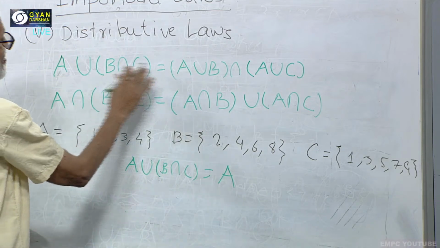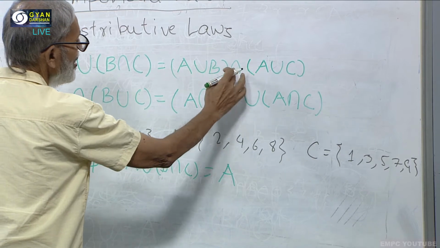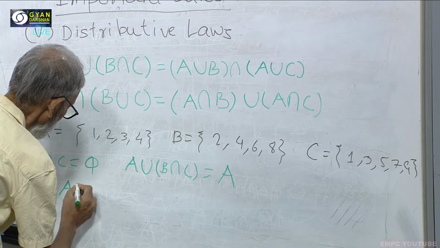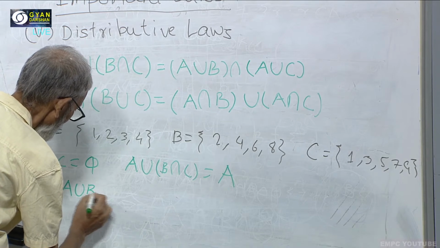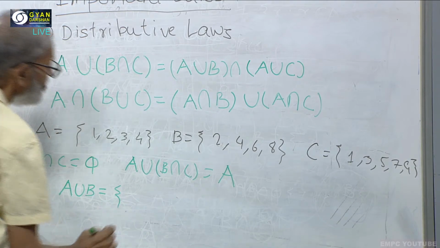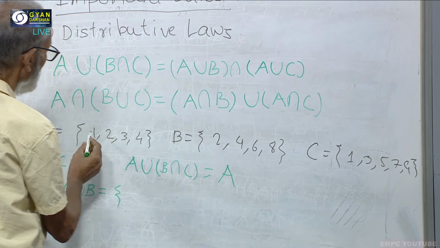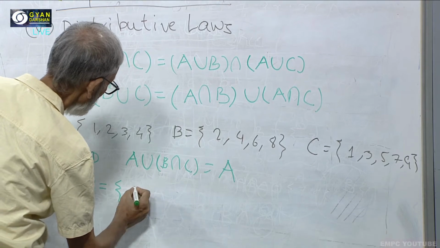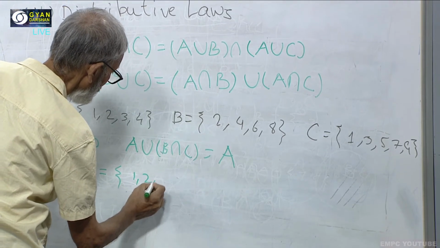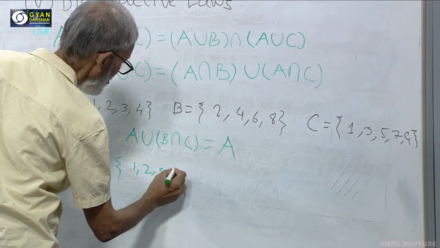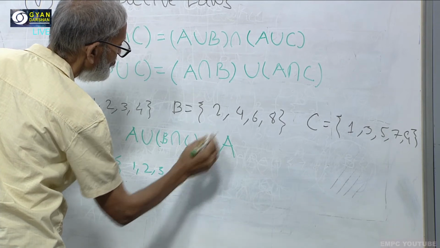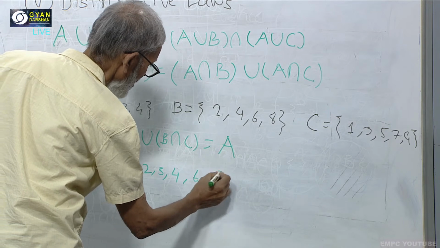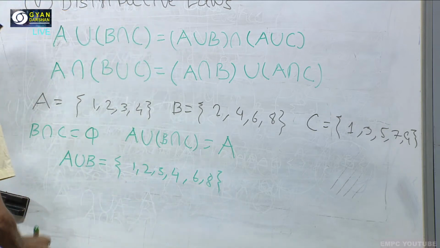Now, what about (A union B) intersection (A union C)? So, A union B is equal to 1, 2, 3, 4 and 2, 4, 6, 8, so 1, 2, 3, 4, 6, 8.